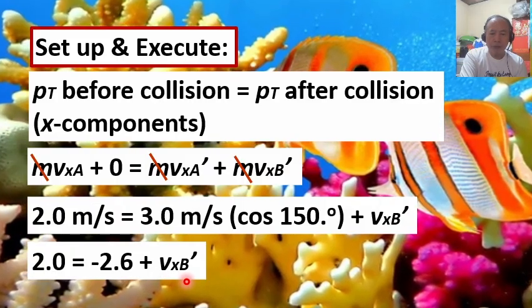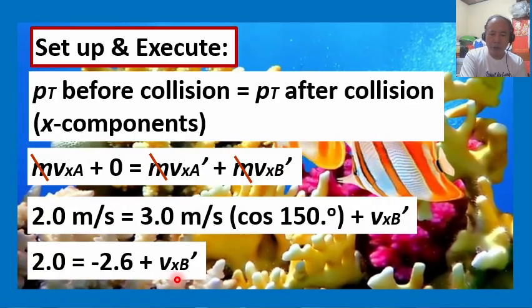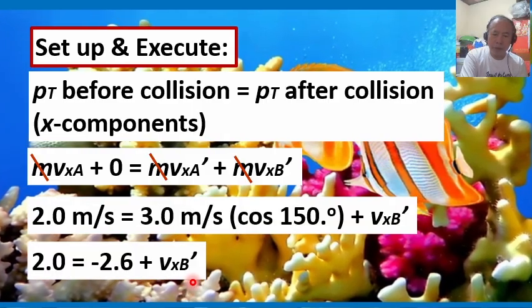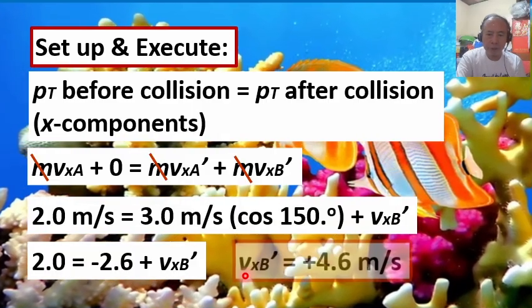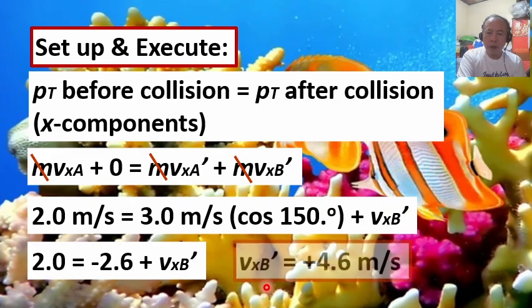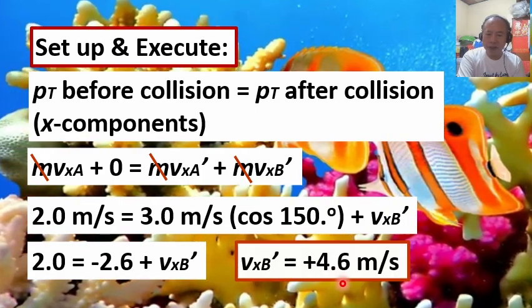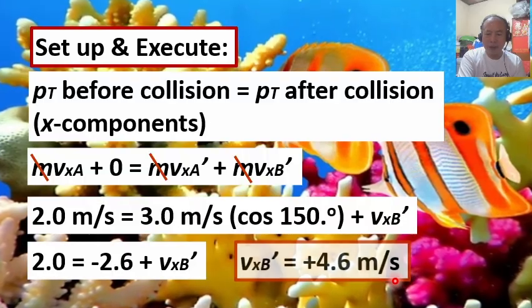So our expression for v x B prime, therefore, will be v x B prime equals positive 4.6 meters per second.